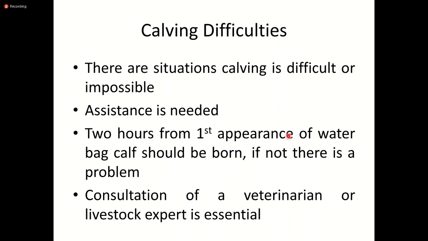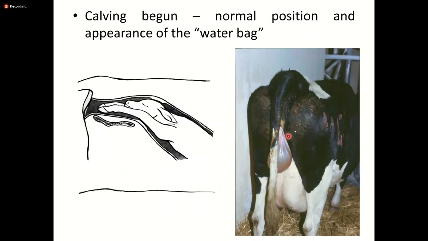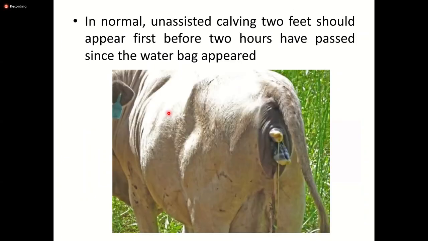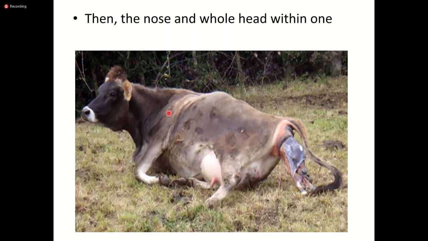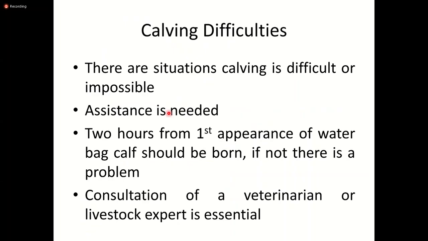The normal birth position is like this, as I mentioned to you. But in some cases, not some, but most of the time, they are not normal. In those situations, we have to provide some assistance to the mother cow. First we see the appearance of the water bag.